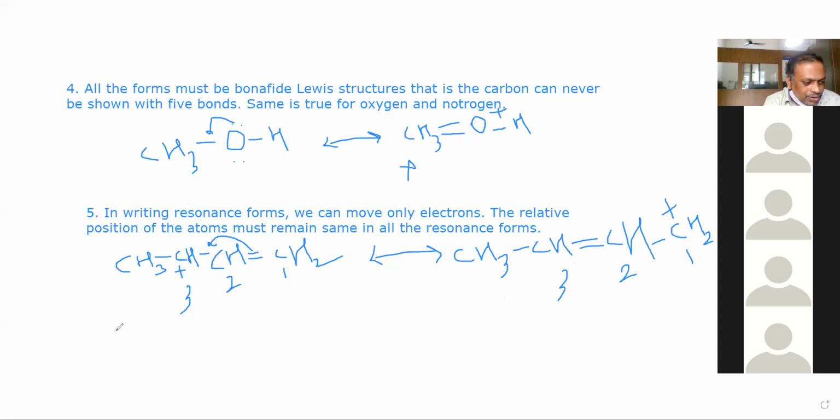For example, we draw this. This is the same structure. If like this CH2 H CH positive charge CH double bond CH2 double bond CH2.